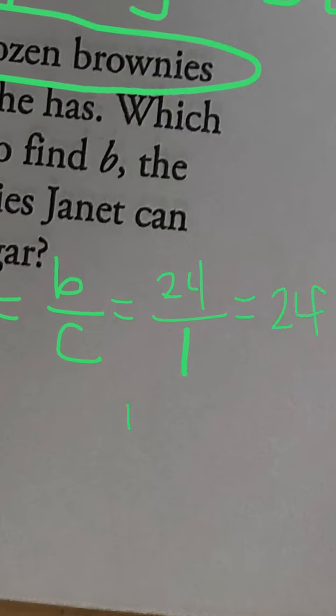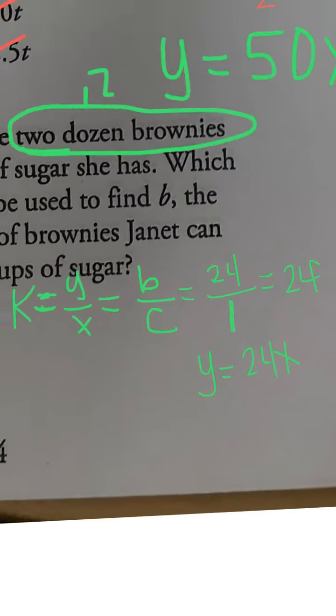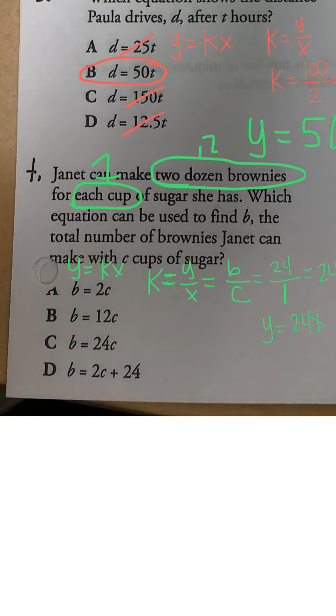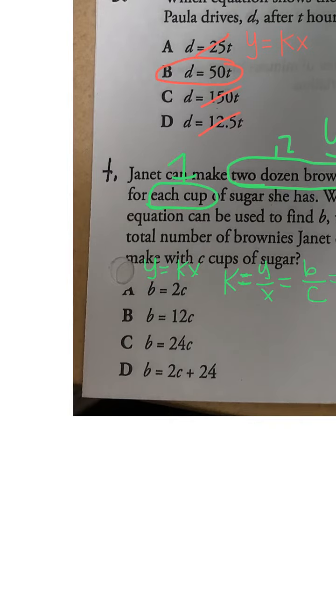So that means my answer has to have a 24 in it, and it'll just be 24x. So which of these matches that? It has to be not A, not B. Oh, and you could have automatically eliminated C because it has a y-intercept. So the answer is C.